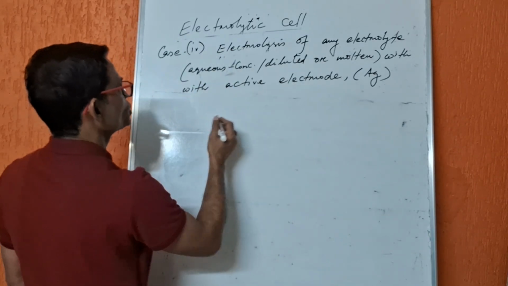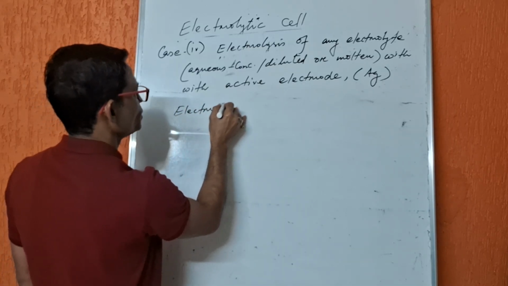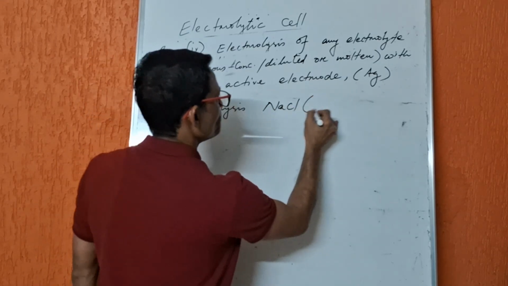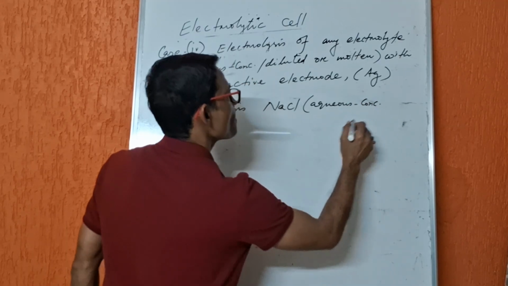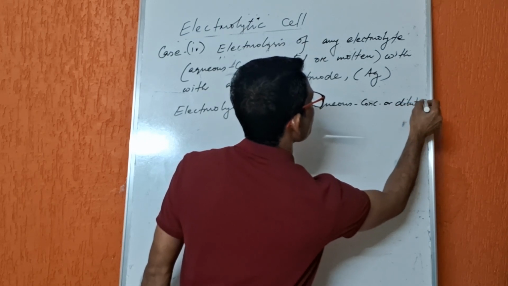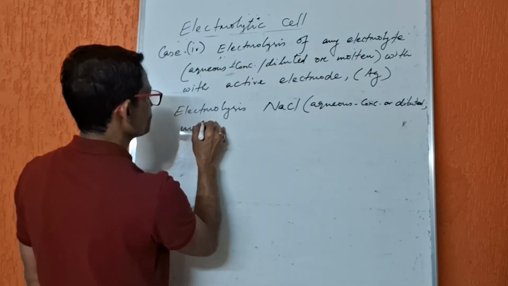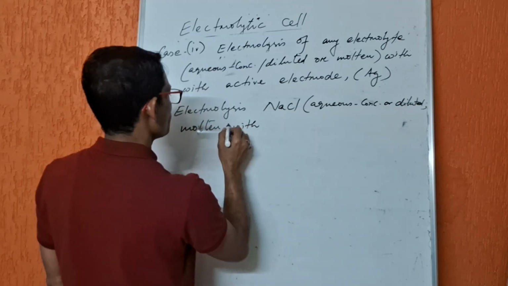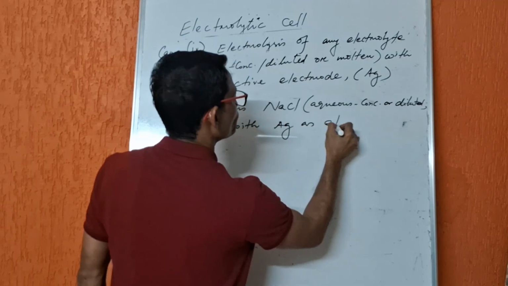So in the solution, electrolysis of sodium chloride, which may be aqueous, concentrated, diluted or molten, with silver as electrode.